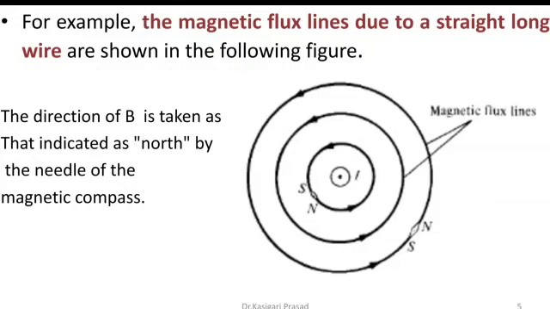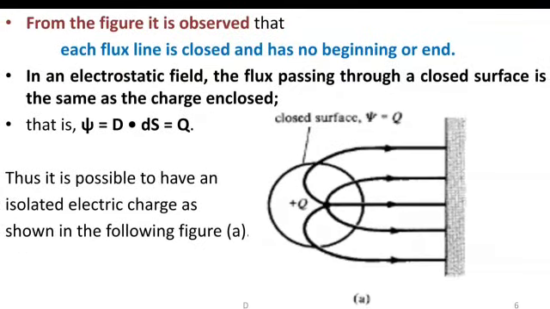The direction of B is taken as that indicated as north by the needle of the magnetic compass. So we have north pole and south pole here, and that can be represented.